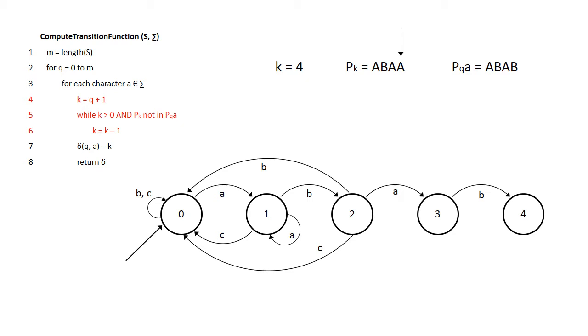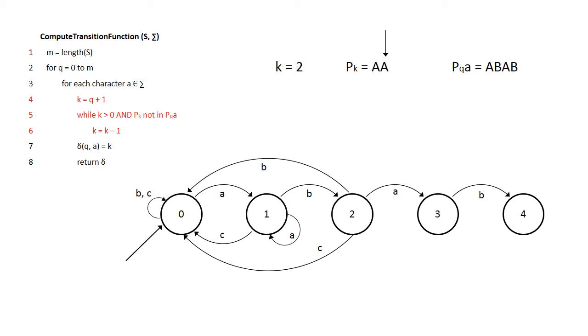However, if A was input at state 3, ABAA is not part of ABABC. K would then become 3, and the first A would be knocked off the string ABAA, making BAA. But BAA is not part of ABABC either, so K becomes 2 and PK becomes AA.